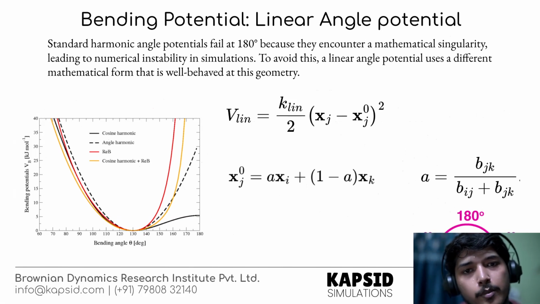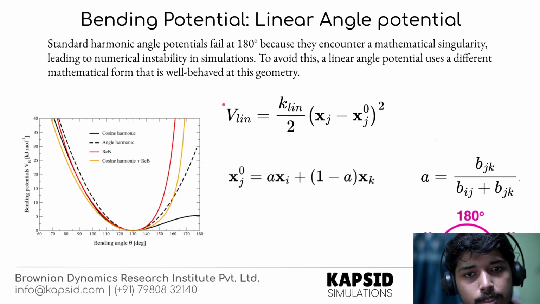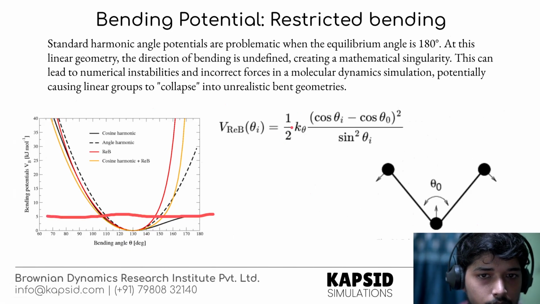That's why people have come up with another potential, which is the linear angle potential. So what is this basically? You cannot see it from here, but it's pretty simple. We start with another similar looking function: there's a k by 2 term.